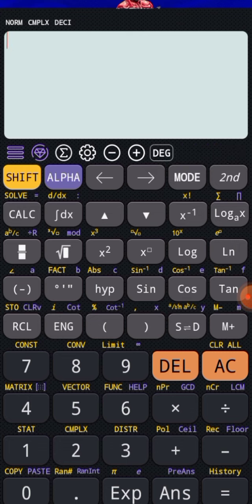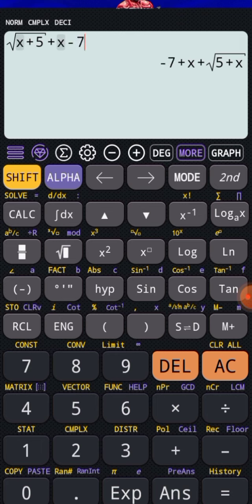So let's look at the last one. Square root of x plus 5, then everything plus x minus 7 is equal to 0. Square root of x plus 5, then plus x minus 7, then everything equal to 0.